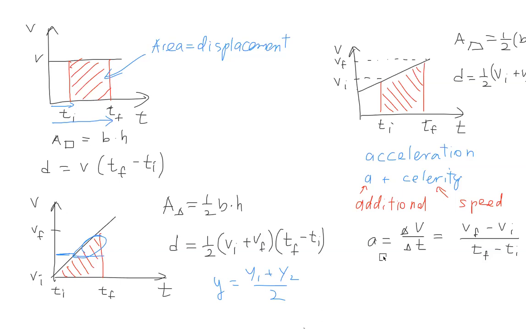People are lazy. Smart people are even more lazy. So we're going to be smart lazy, meaning that we don't want to write t final minus t initial all the time. Again, the reason for that, you can always reset the stopwatch to 0.